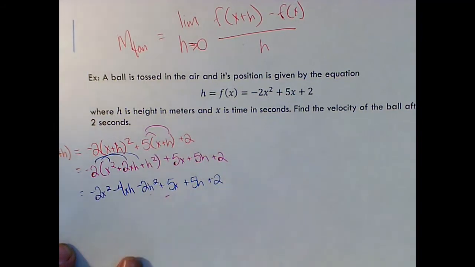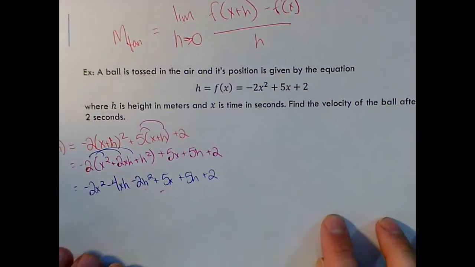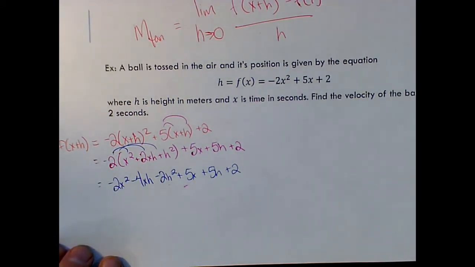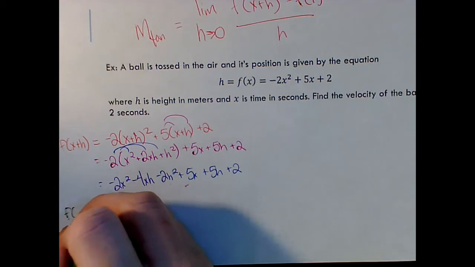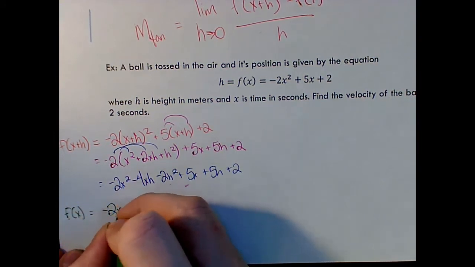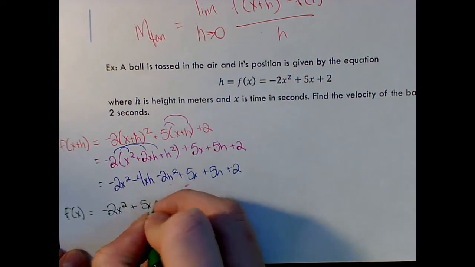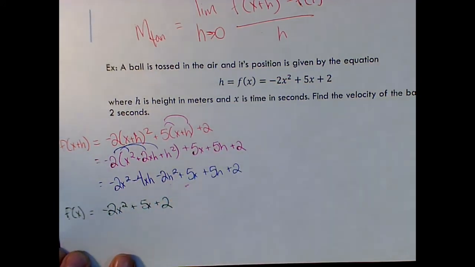And I don't see any combining like terms going on here. That's unfortunate. Made it a little bit easier, but we're not there yet. I know that will happen. F of x is negative 2x squared plus 5x plus 2.